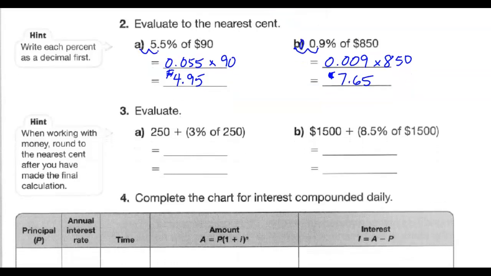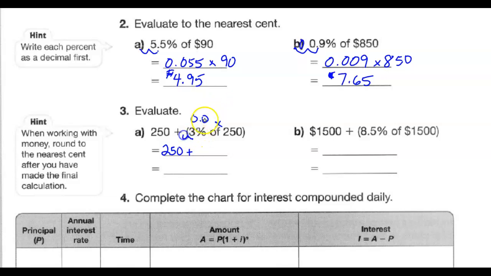Okay, next one. It says evaluate, so it's 250 plus 3% of 250. So notice how they even put brackets around that. Even if they didn't, of means multiply, so you know that you would have to multiply first. So basically, this is maybe like if you're buying something, maybe it's a tax of 3%, perhaps. So the original amount you have to pay, and then you have to pay 3% of that amount added on. So 250 plus, so let's do, I'll just do it above.